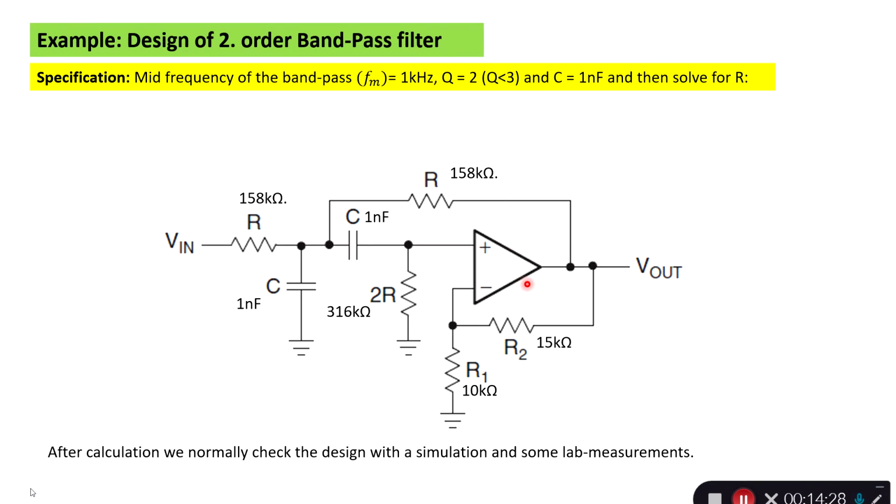Here we don't consider whether it's a battery operated system or we have access to a plus minus power supply. So this design could actually be turned into a battery operated setup instead of being with a split power supply.